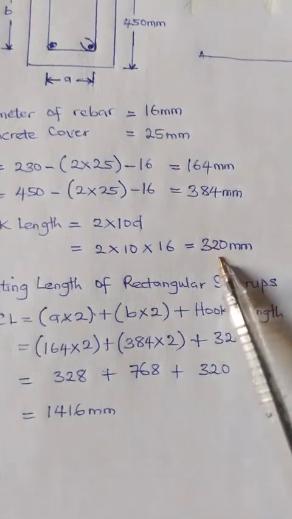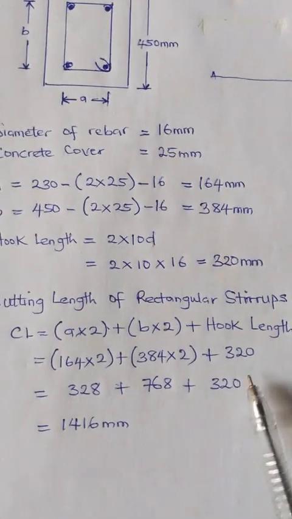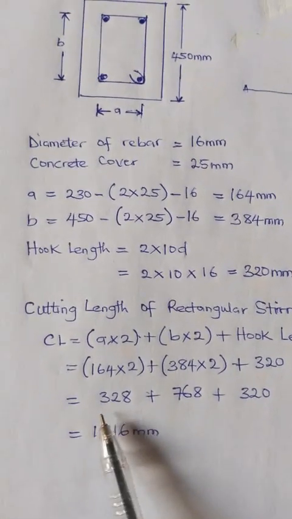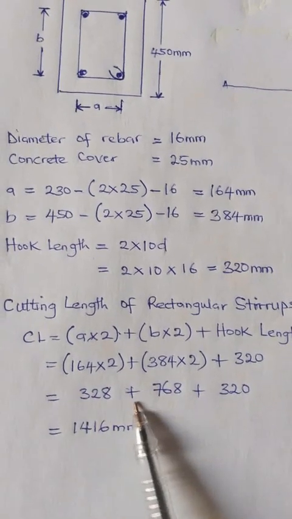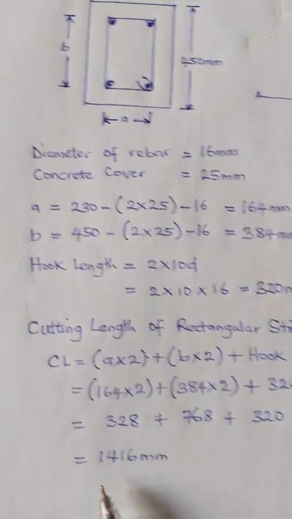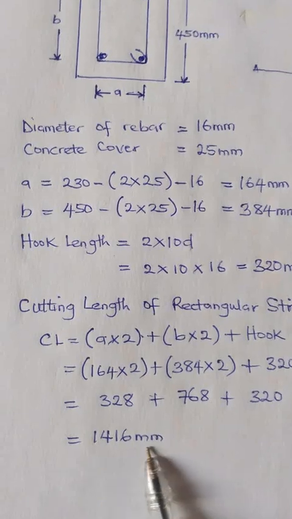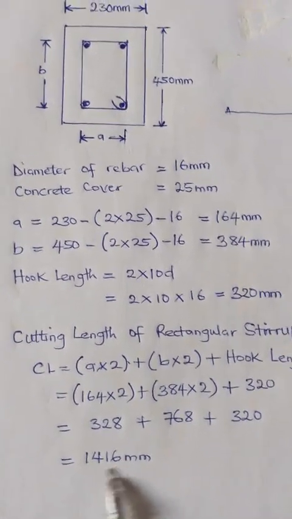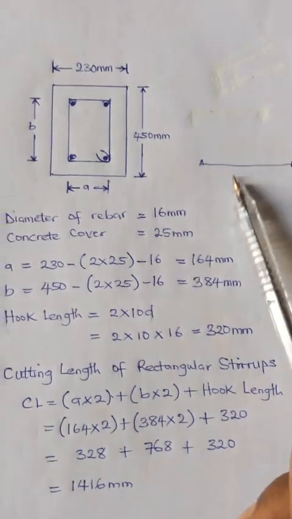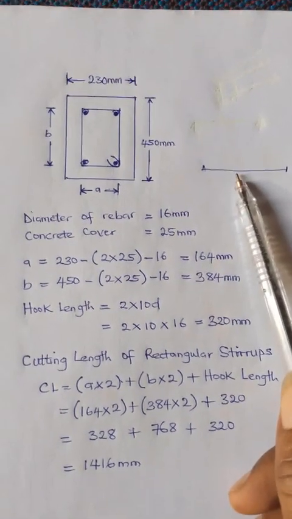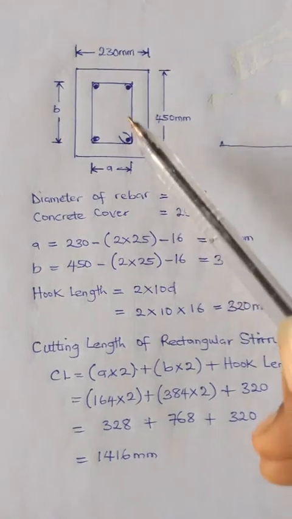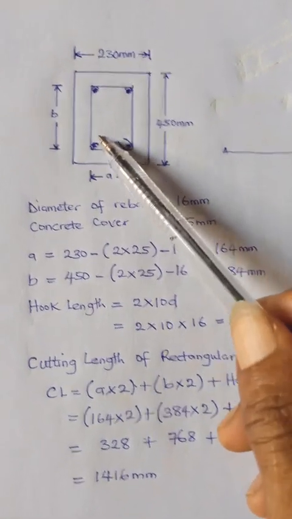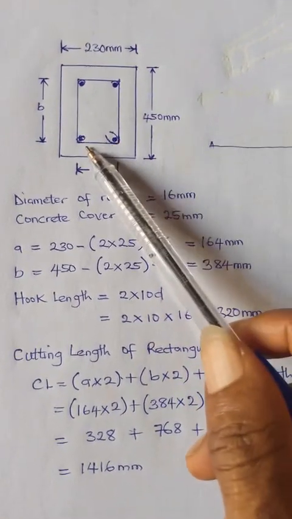So we have the hook length as 320 millimeter. When you work it out and add all of this, you now have 1416 millimeters. So it is this length that you are expected to cut from the reinforcement for your stirrup in order to achieve this shape of stirrup.